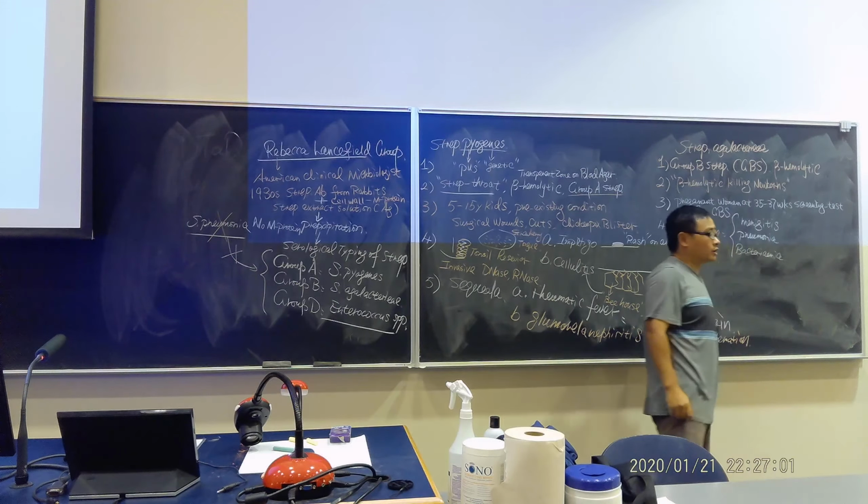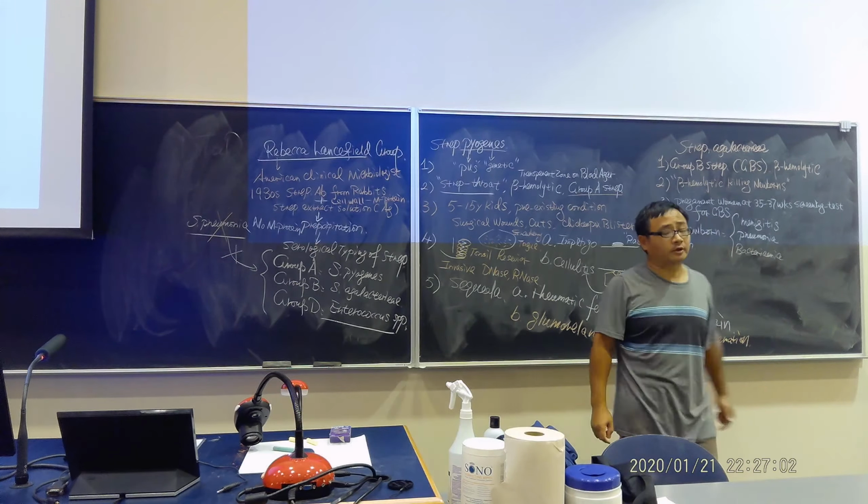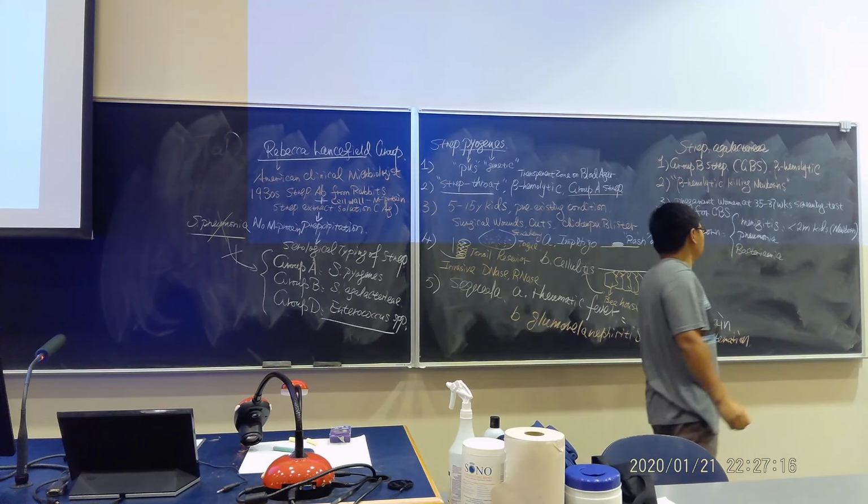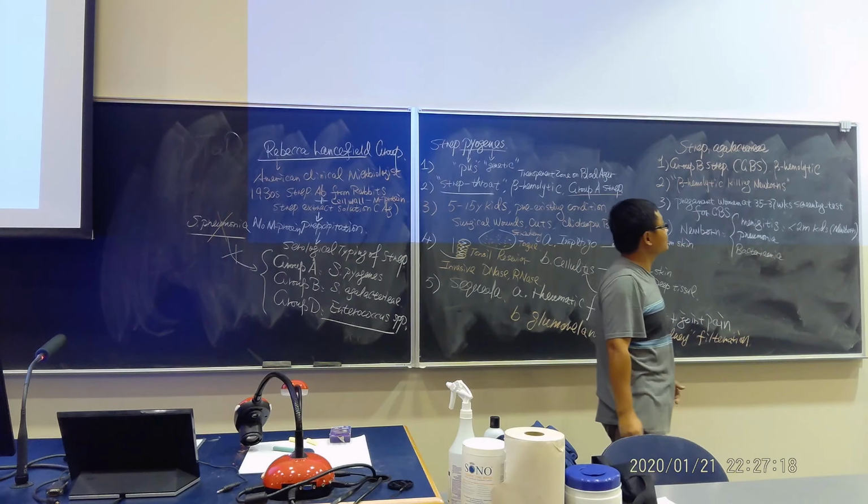That's why, last time when we talked about meningitis, I said if it's kids less than 2 months, we say it's newborn. The risk pathogen is Streptococcus agalactiae. That's the story. Okay?